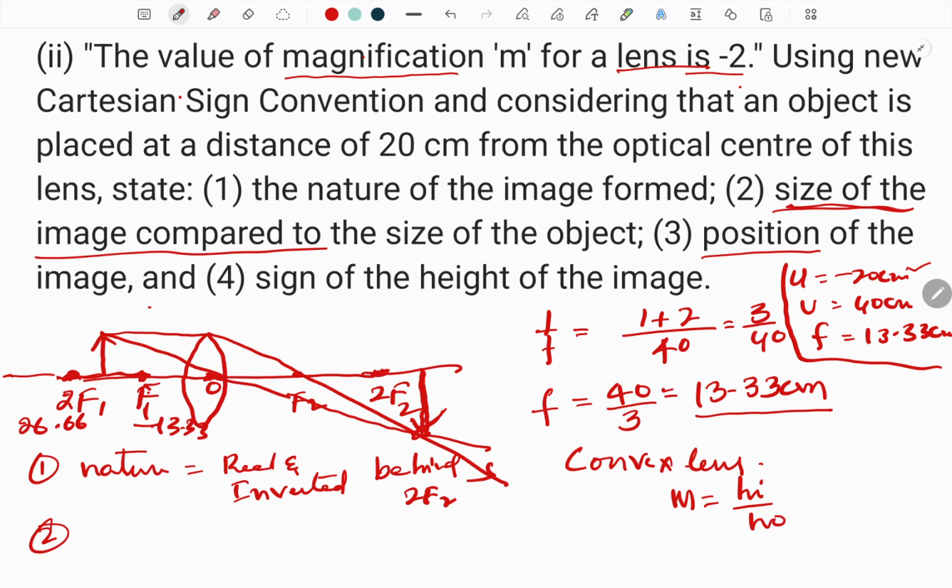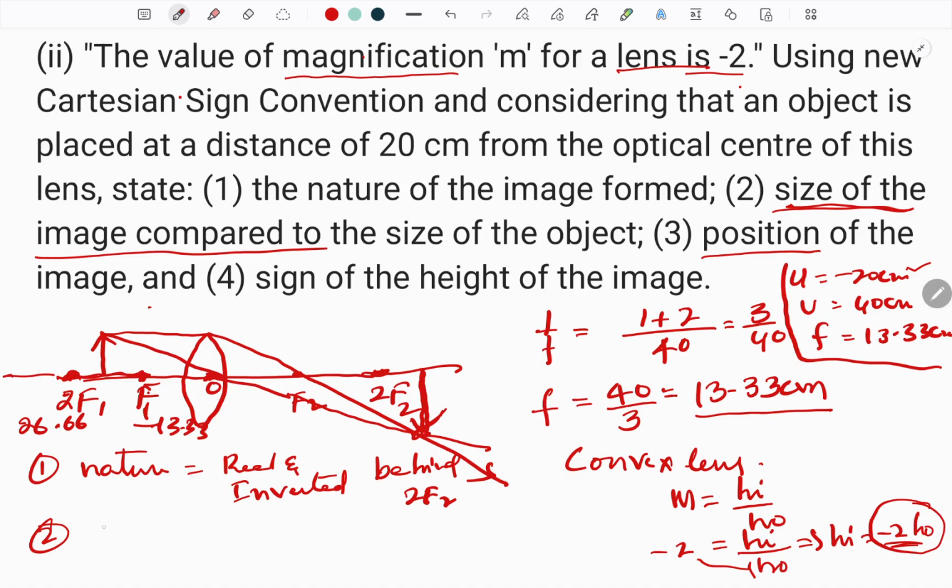We know magnification here is minus 2. Minus 2 equal to height of image by height of object. If you want the height of image, just cross multiply: minus 2 into height of object. That means the height of the image is 2 times the height of the object.